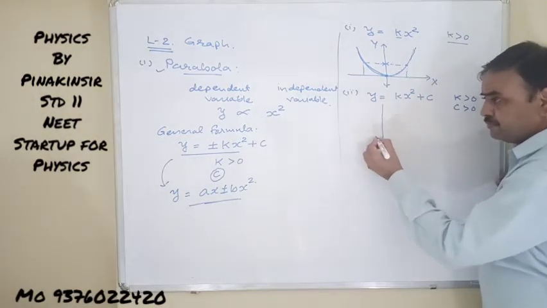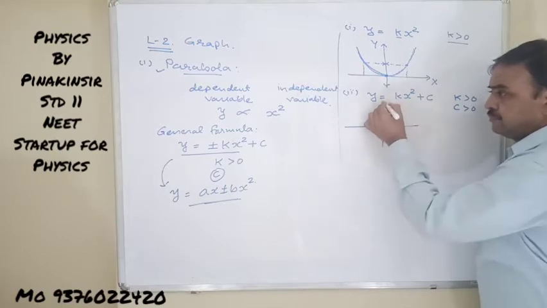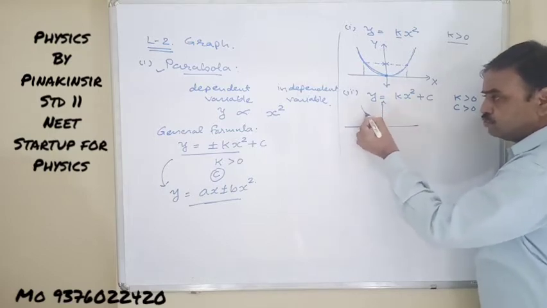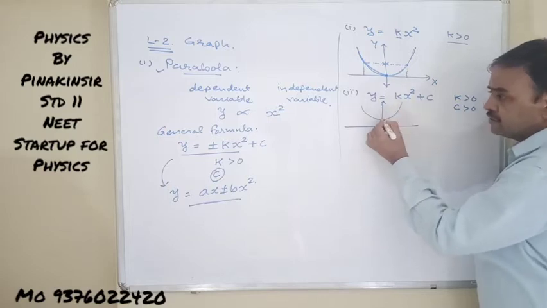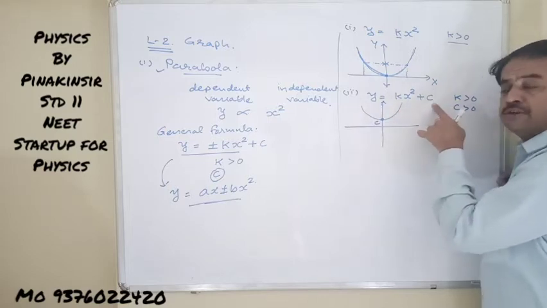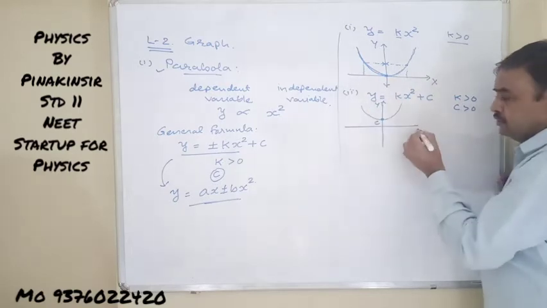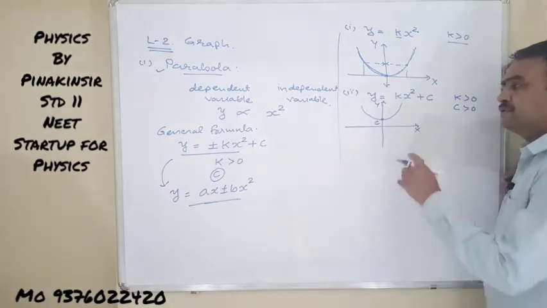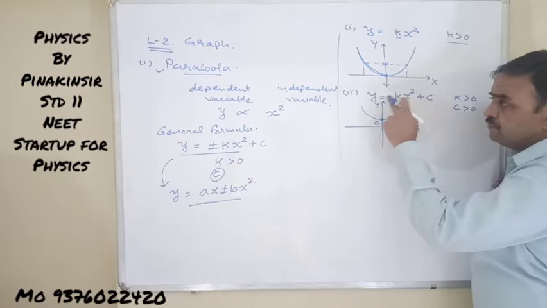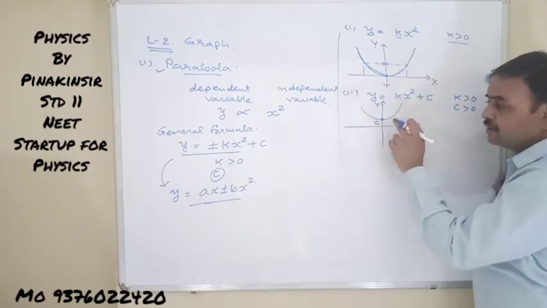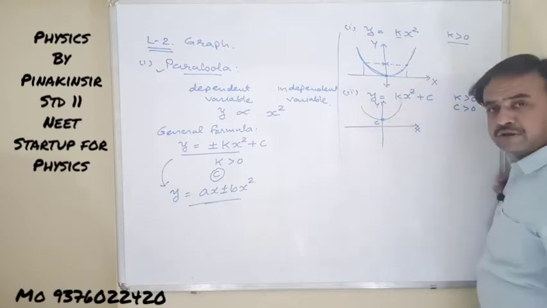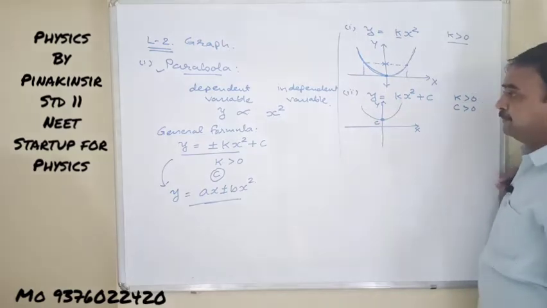Nature will be the same, but the graph will pass through somewhere on the vertical axis. It is nothing but that particular C. You can clearly say that if we substitute x is equal to 0, then y will be equal to that particular constant. If it is positive, then the graph will pass through this vertical axis point, that is point C.